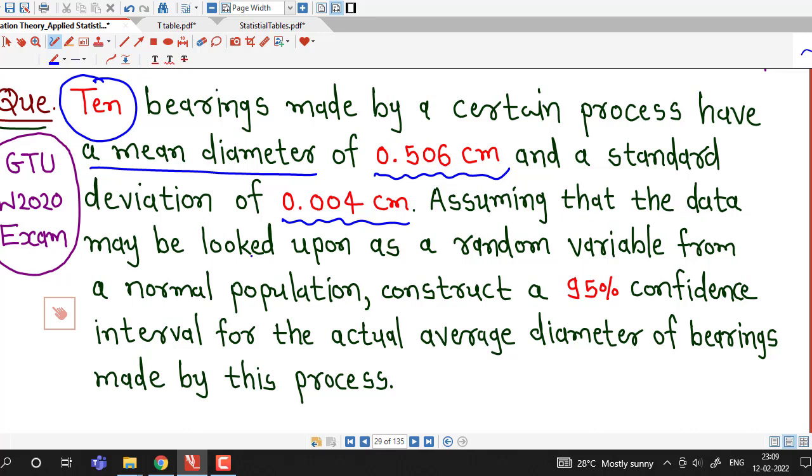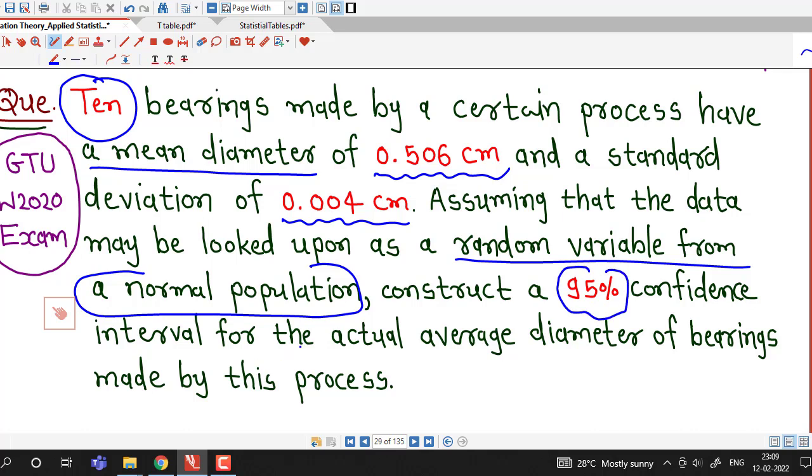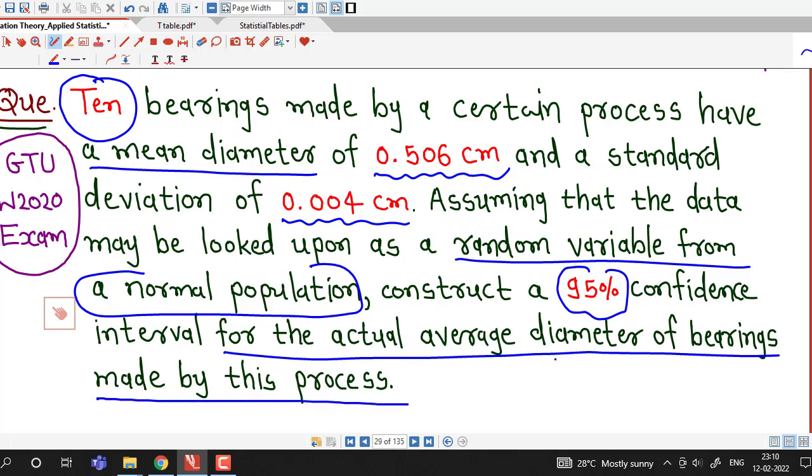Assuming that the data may be looked upon as a random variable from a normal population, construct a 95% confidence interval for the actual average diameter of bearings made by this process. Actual average diameter means we have to construct the confidence interval for population mean, that is mu.